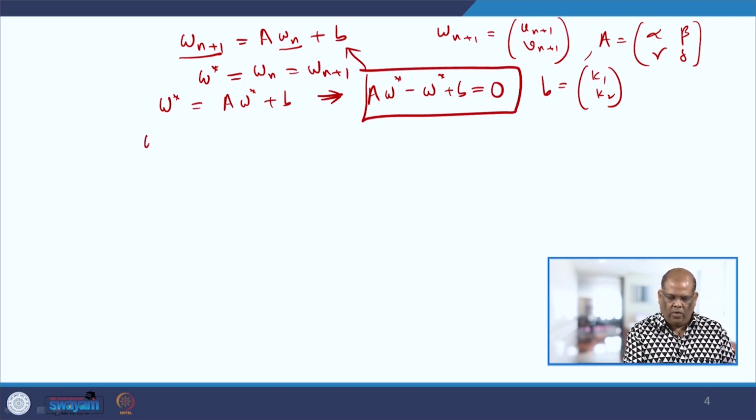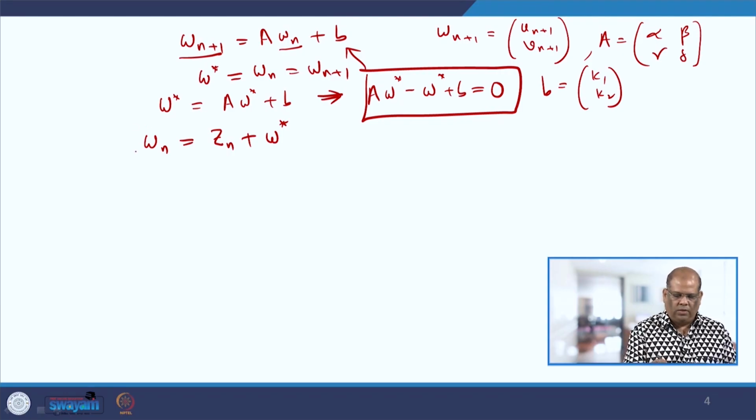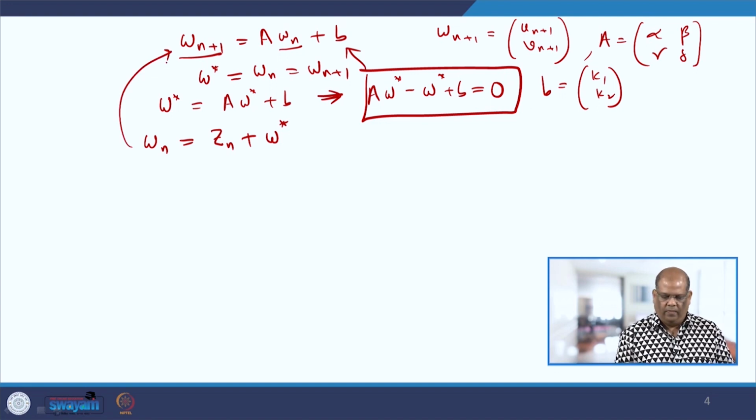Suppose I introduce a new variable, we call this change of origin, say Zn about the equilibrium point W star. So, I will substitute this value here and let us see what we get.